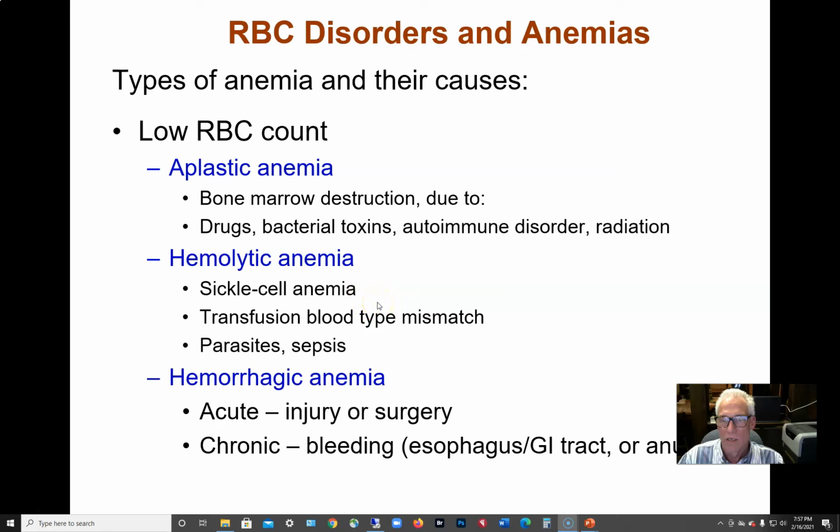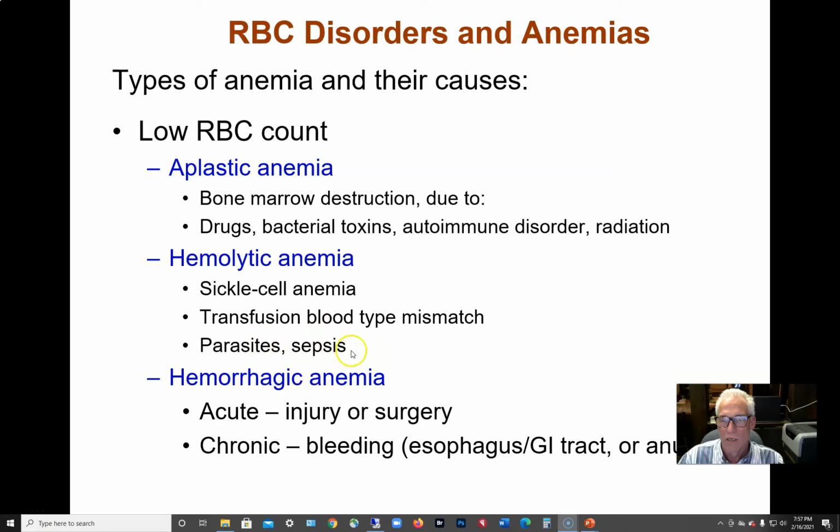Certain parasites: we don't really think of parasites when we're thinking about all the diseases we might encounter in our lives, but in some parts of the world, parasite infections are highly prevalent. Certain parasites eat red blood cells, and you might have an anemia resulting from parasite infection.